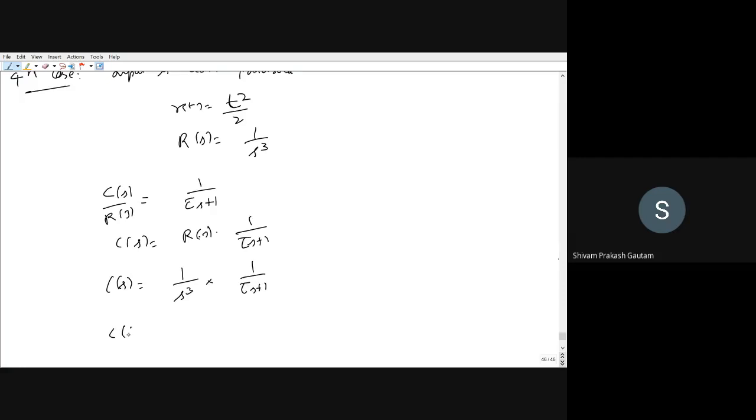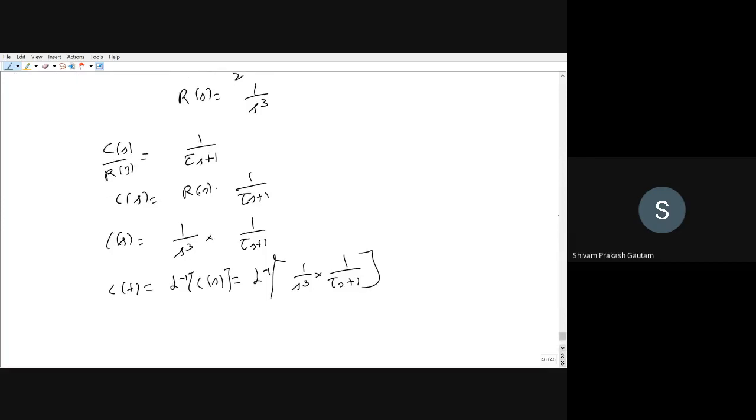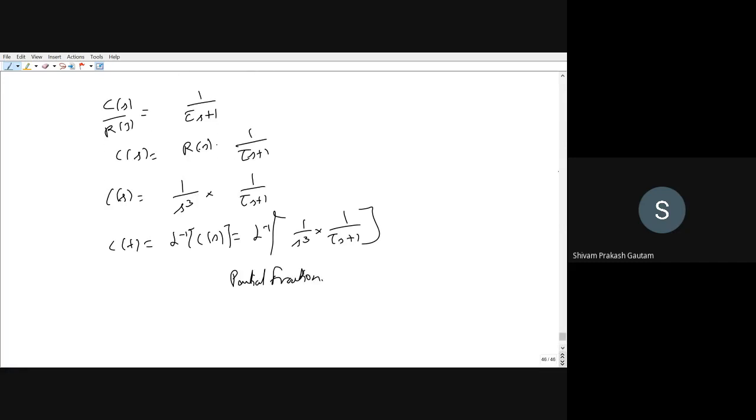So C(s), that is c(t), will be equal to how much? That is Laplace inverse of C(s), equal to Laplace inverse of 1 by s cube multiplied by 1 upon tau s plus 1. Here also you have to use partial fraction. Once you divide into different fractions, then you can take the inverse Laplace transform.